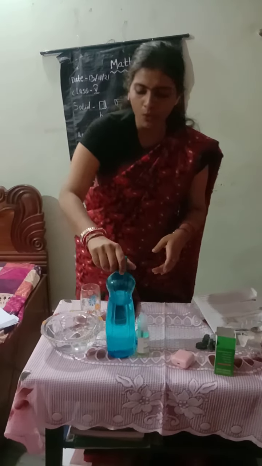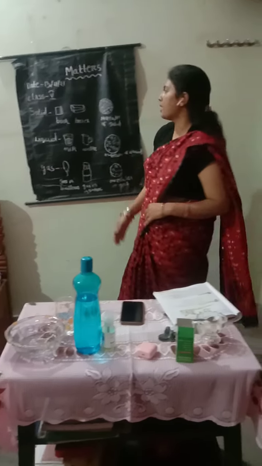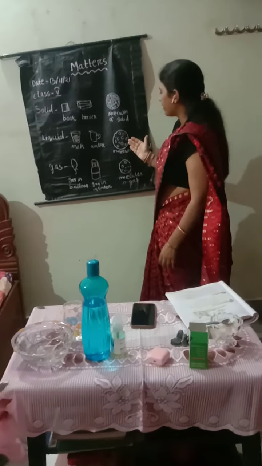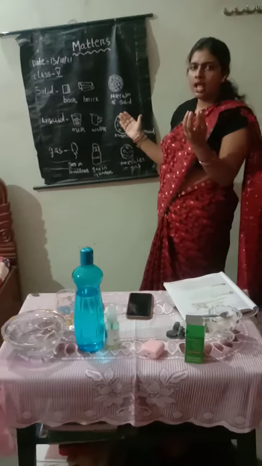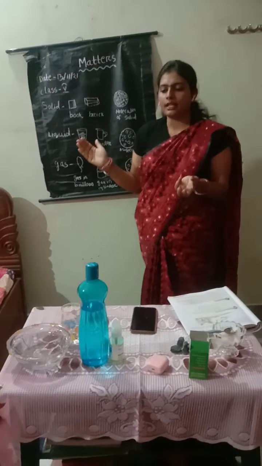See, when we pour the water in a bowl, it takes the shape of the bowl, and when you pour it into a glass, it takes the shape of the glass. Why so? Because the arrangement of molecules in liquid is loose, so they flow a little and take the shape of whatever container we pour it in.